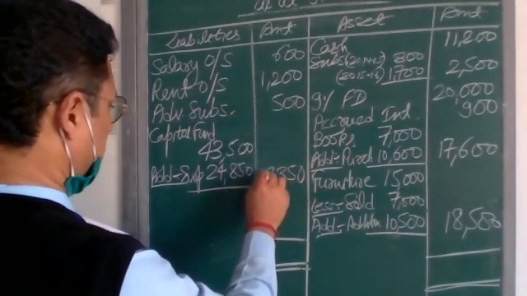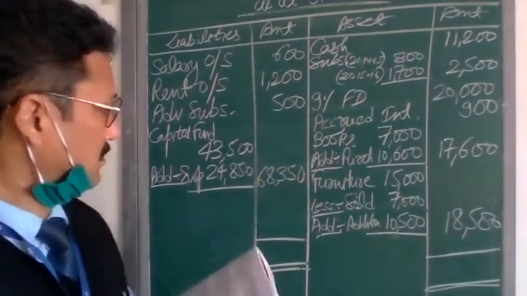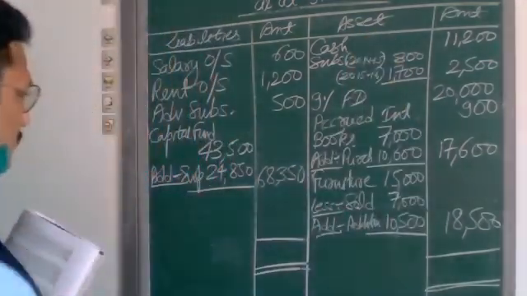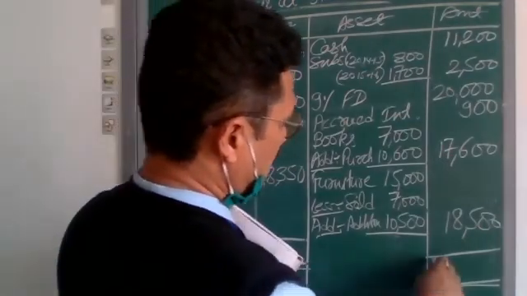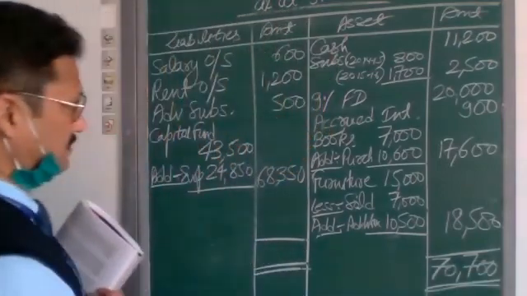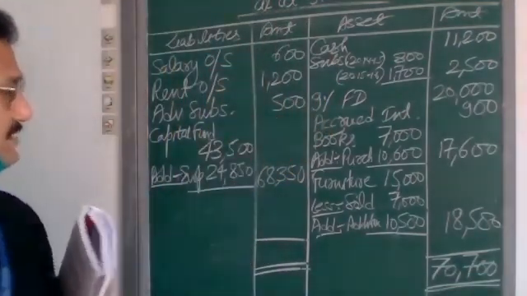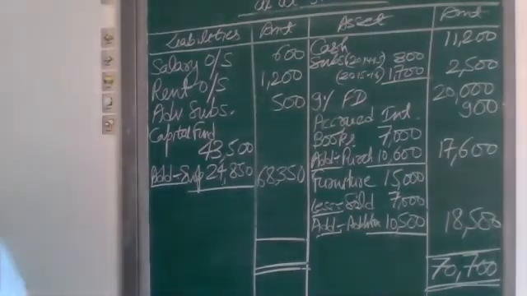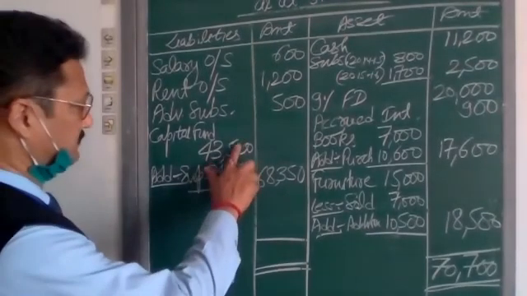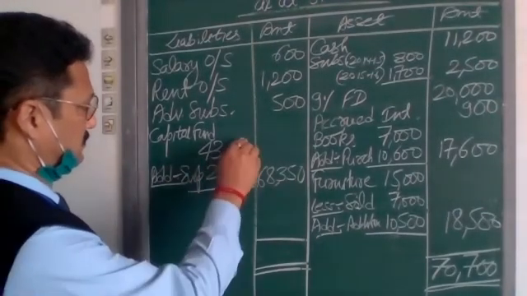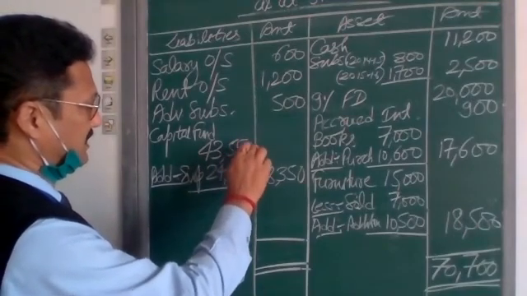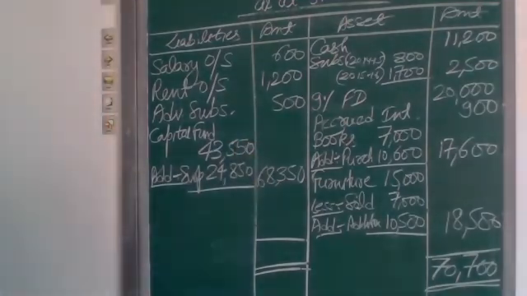The capital fund is 43,550. Asset side total, so 70,700. Check it, it is coming to 70,700. So the capital fund is 43,550. Very good, it is visible to everyone there.